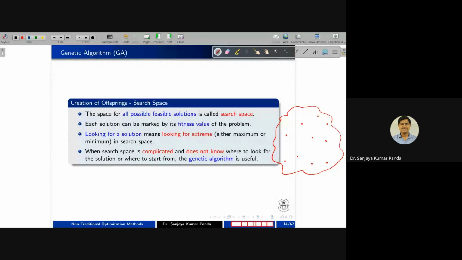One student may have a good CGPA, another a poor CGPA, but everyone has one CGPA. One solution may be good, one may not be good, but everybody has a fitness value. So looking for a solution means looking for the extreme. If our objective is to go for maximum, we are moving for that. If our objective is minimum, we are looking for that.